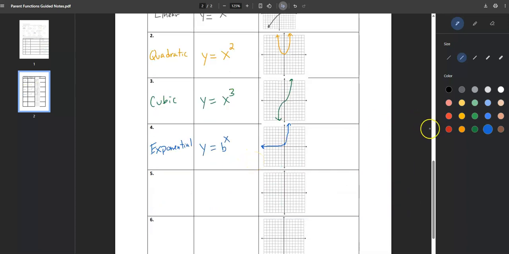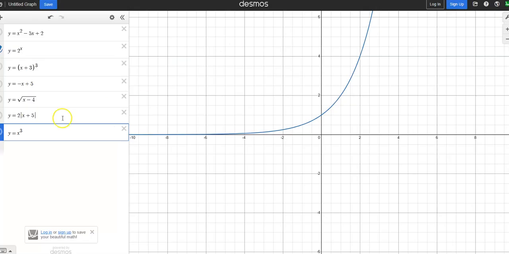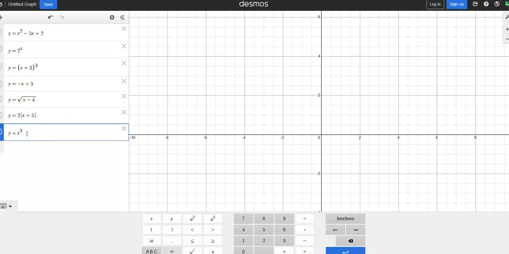Okay, my last couple here. This next one is a square root. And the base equation will be y equals square root of x. Again, if we go into this and graph that, just so you guys can see this.